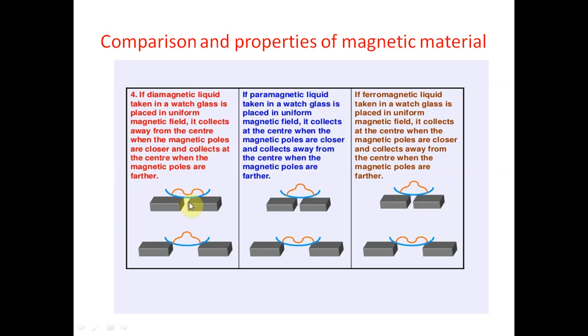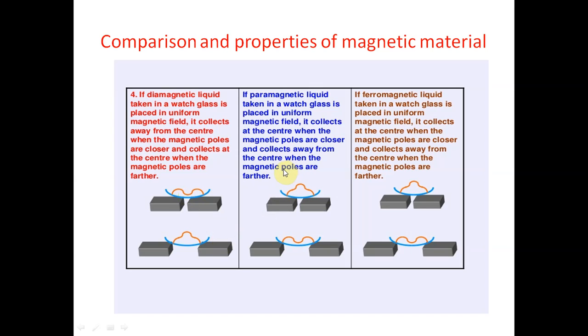That is, if magnetic poles are close, the diamagnetic material collects away from the center, and if poles are away, the diamagnetic material is collected at the center. It is due to the reason that when the field is strong, the material is repelled.